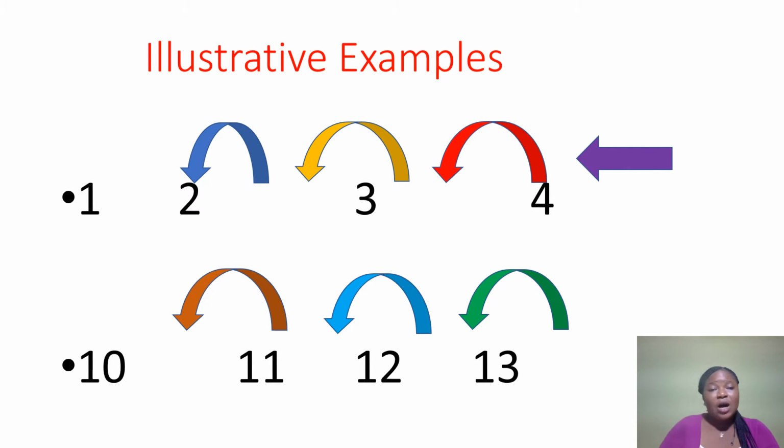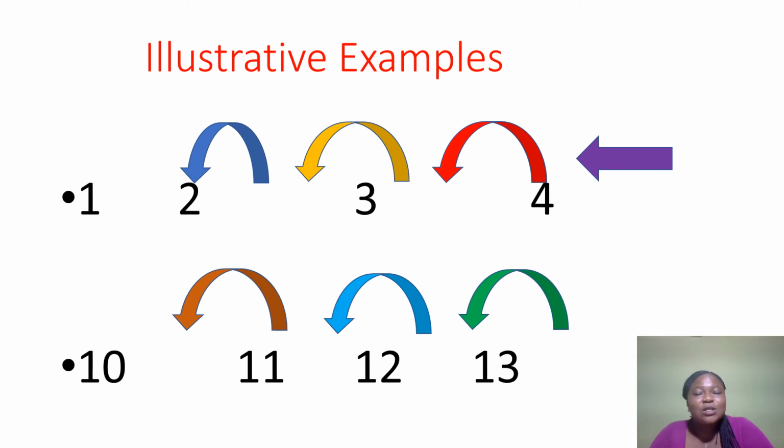You are left with 2. Subtract another 1 from the 2 remaining, and you are left with 1. So we moved the arrow from 4, backward to 3, to 2, and to 1. I hope you are following.